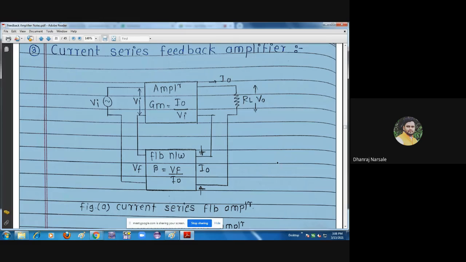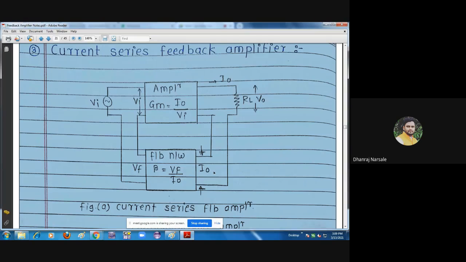In the output side, across the load resistor RL, we are measuring the output voltage VO, and the output current flowing through the output side is IO. So the sample or some fraction of the output, in the form of current IO. Here we have connected the terminals of the feedback network in series with the output loop, which means we are taking the current flowing through the output side loop.